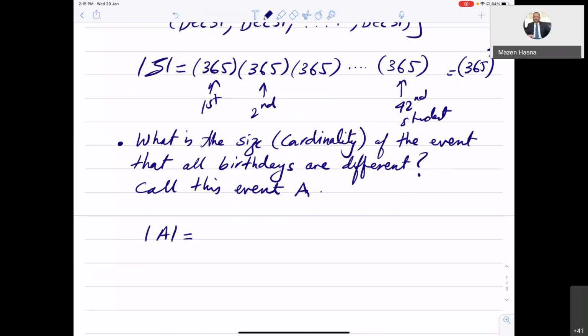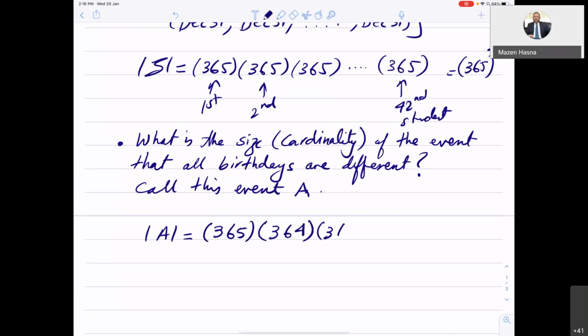So now the only difference compared to the sample space is that you are doing this in sequence. How many options do I have for the first student? 365 ways. But when you go to the second student, you have 365 minus 1, 364, right?